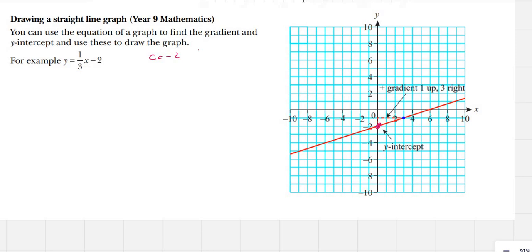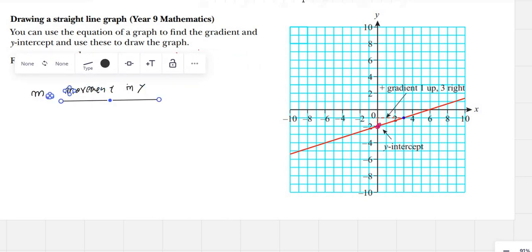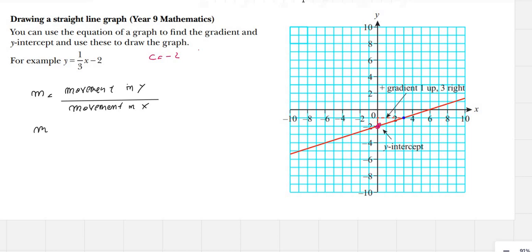And in this case, the gradient, it says m is the movement in y divided by the movement in x.